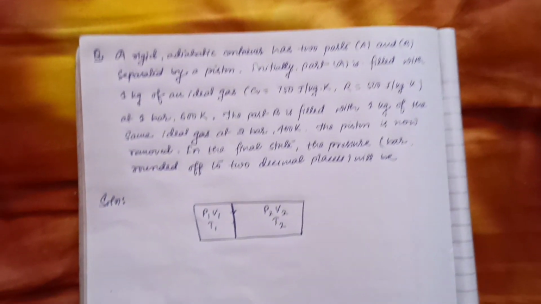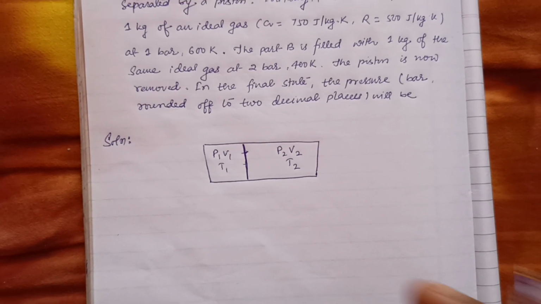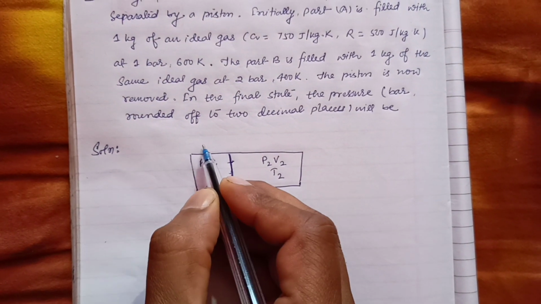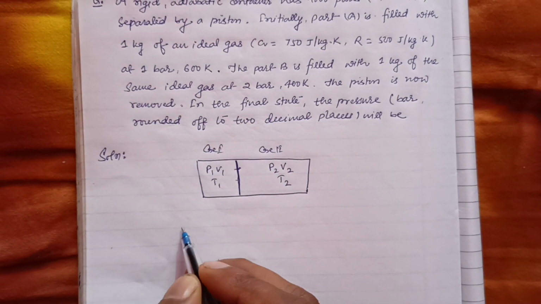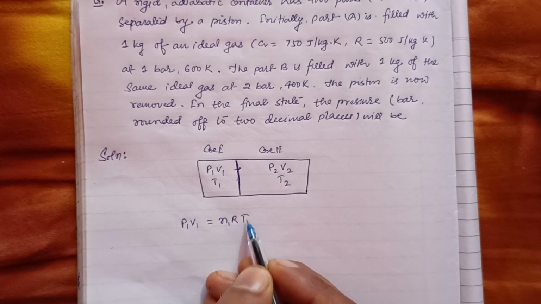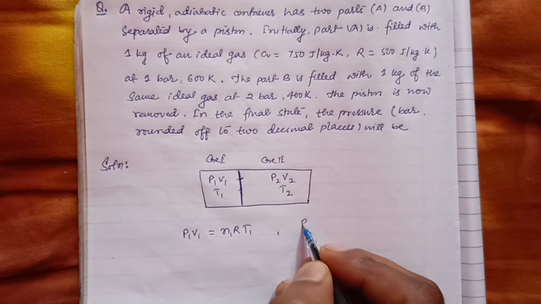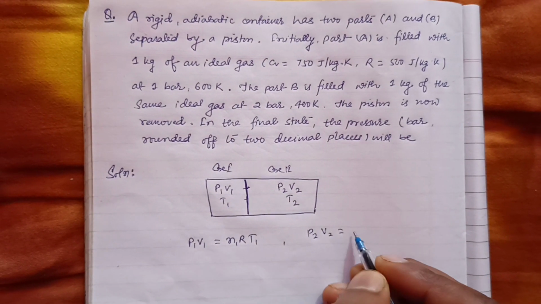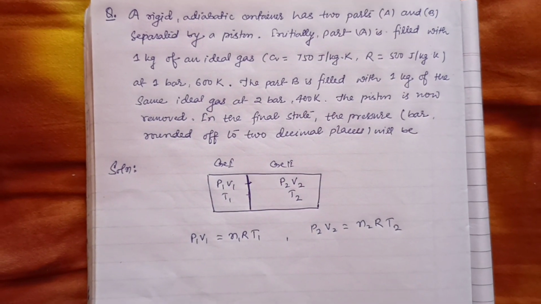We know the conditions for case 1 and case 2: P1 V1 is equal to N1 R T1, and similarly P2 V2 is equal to N2 R T2.